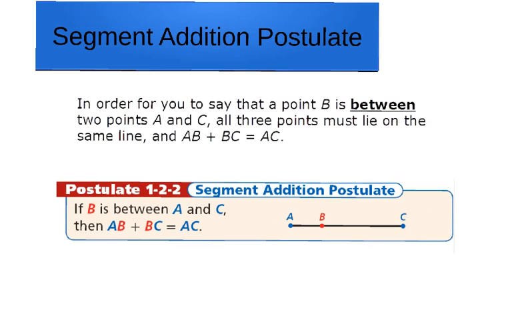It says if B is between A and C, then AB and BC, if we add those together, is equal to the whole length of AC. And that is the segment addition postulate. So let's utilize it.